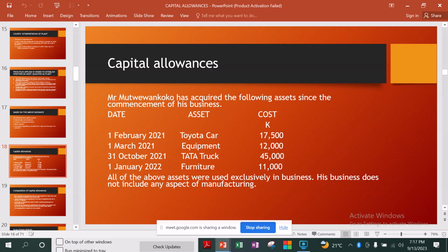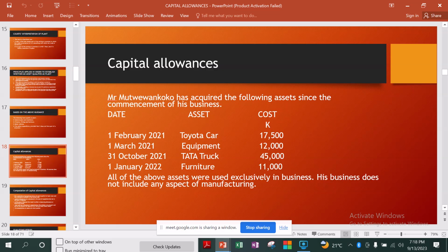One, there is an emphasis that all the above assets were used exclusively in business. The reason that statement is important is that where an asset is used partially for business and partially for private purposes, then you only claim the business proportion in terms of capital allowances.